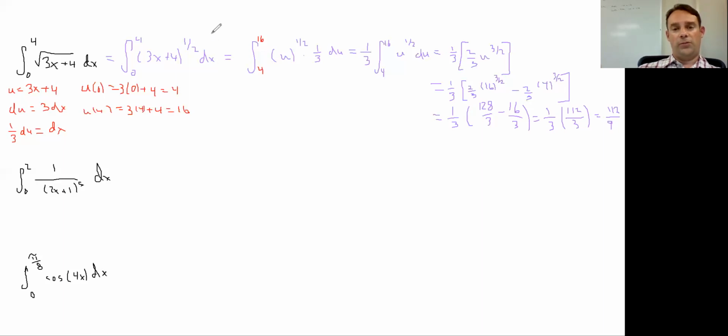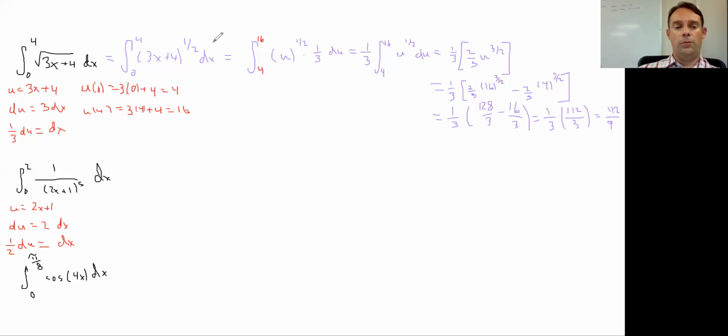All right, let's try this next one here. So u would be 2x plus 1. So that means du equals 2 dx, 1/2 du equals dx.